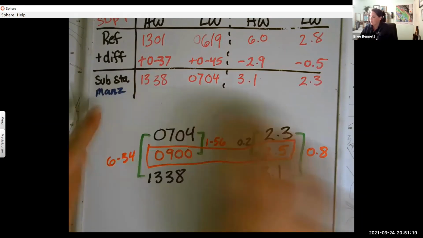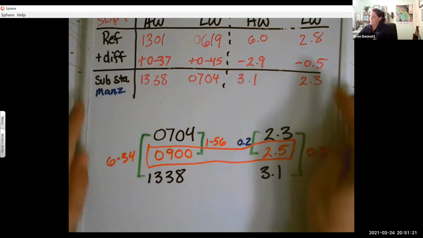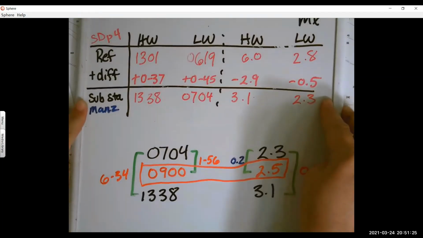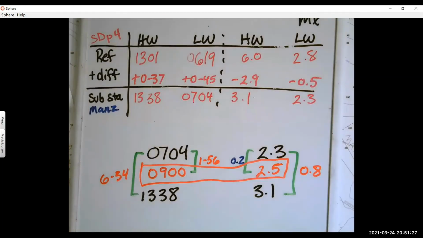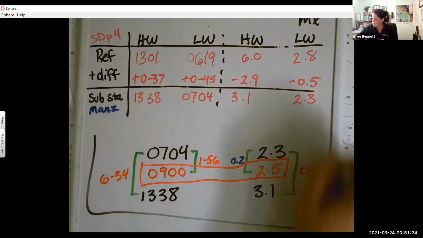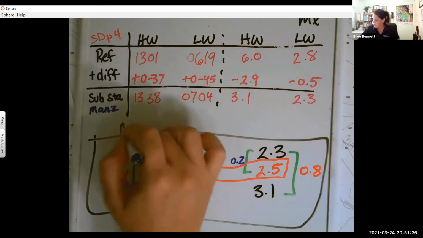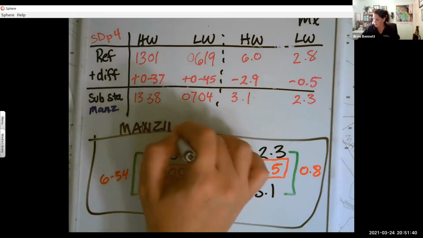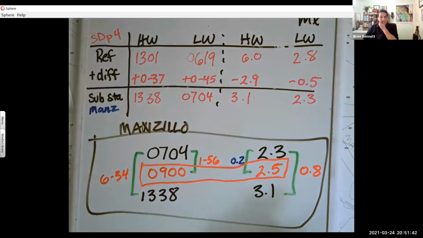So we're doing the 0900 of what's happening at the subordinate station. Okay, gotcha, thank you. So yeah, this is a little snapshot of what's happening at Manzanillo. And then you go to table 3.